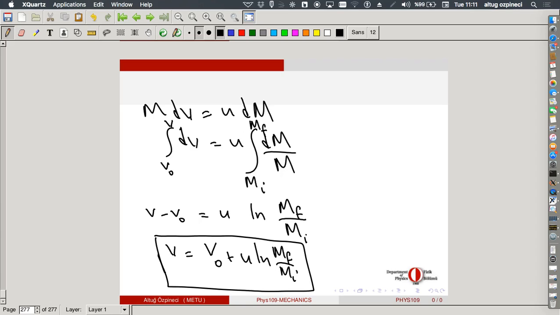So m final over m initial is 1 over 2. Now, logarithm of 1 over 2, I will not ask you what its value is. Is it positive or negative? It is negative. So you see, this is a negative number. So the final velocity of our rocket is smaller than the initial velocity of the rocket.